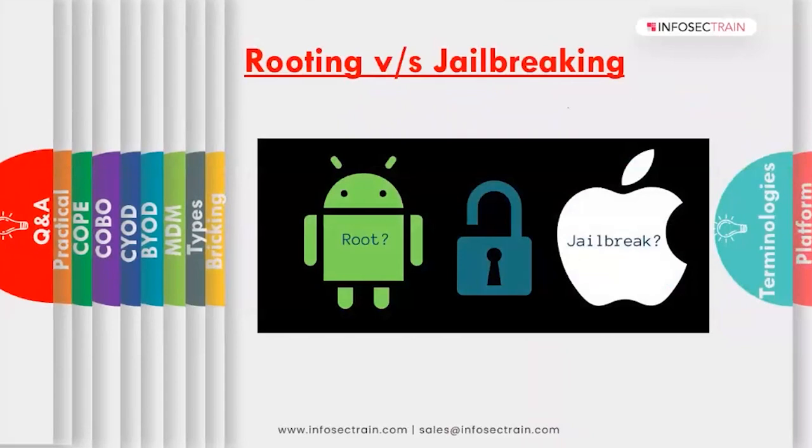Now, next thing, when we are talking about Android, Android has two things like rooting, and there is one more thing, we'll also see that. And iOS devices, they have jailbreaking. What is rooting? What is jailbreaking? Unlock your mobile phone and try to uninstall the calculator from your mobile phone.